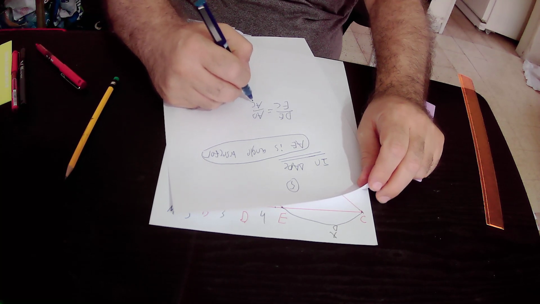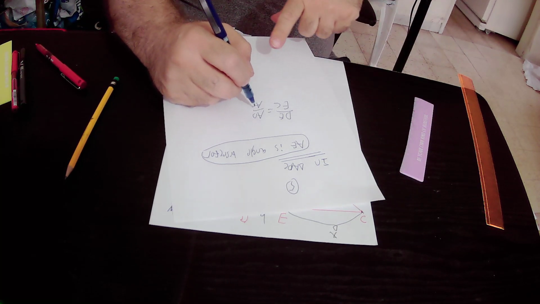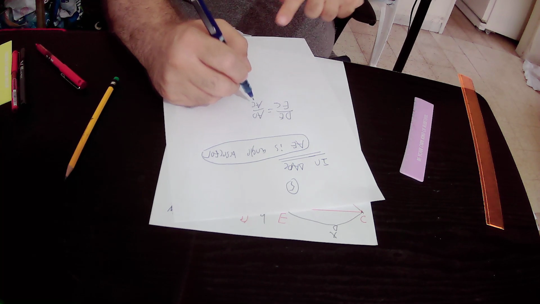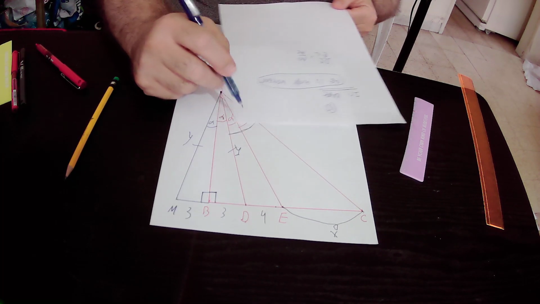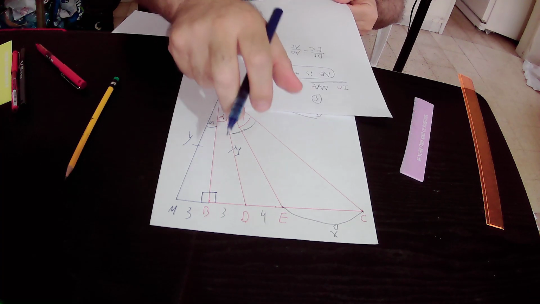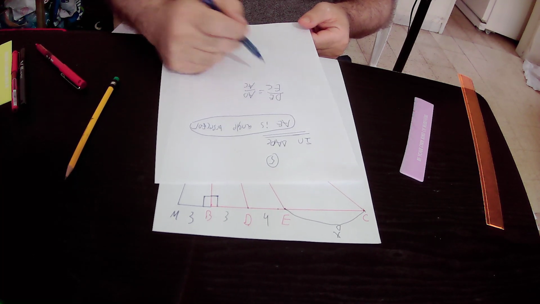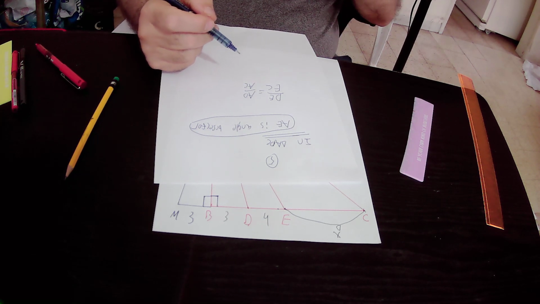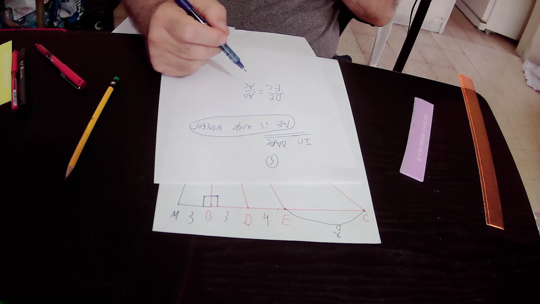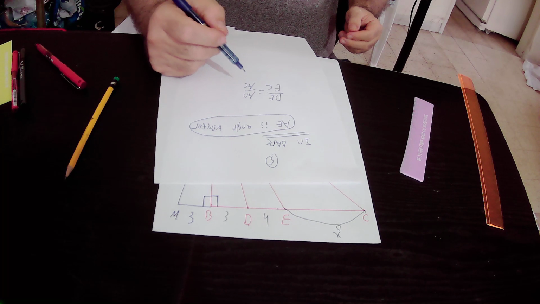So the ratio between the legs, AD over AC, equals the ratio in which angle bisector AE divides side DC, that is DE over EC. That is according to the angle bisector theorem. Okay?